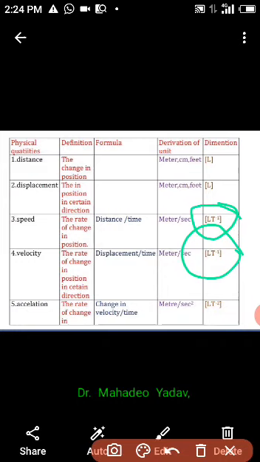Dimension of acceleration is LT inverse 2 because it is change in velocity by time. Time comes in 2 times inversely. So here length 1 time and time 2 times.